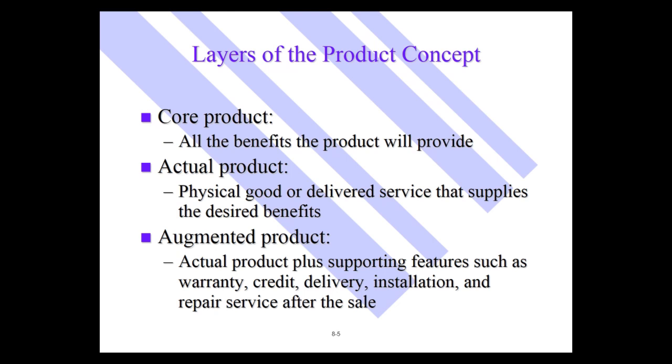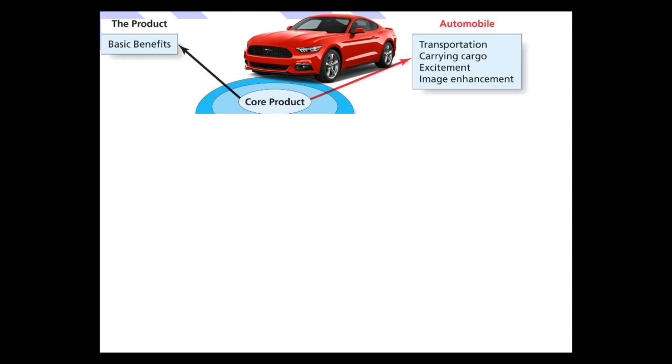Let's look at an example of the layers of the product concept, and we'll use the automobile as our example. Now, the core product delivers the basic benefits, and those basic benefits are transportation, carrying cargo, excitement, perhaps, if you have something like a Ford Mustang, and image enhancement if you've got a status car.